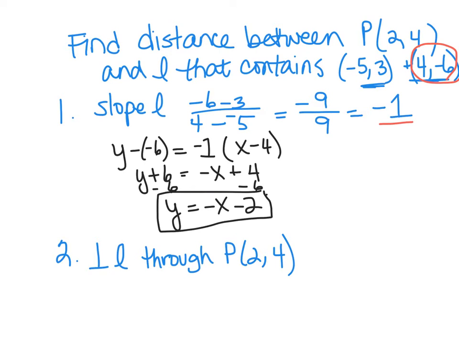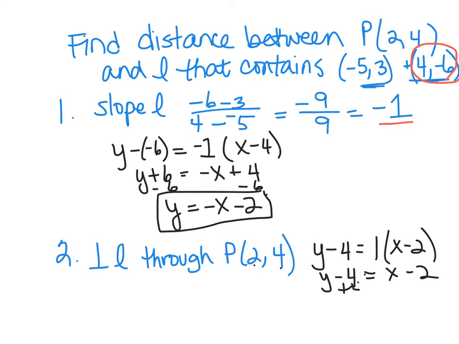So the opposite is going to be positive 1. And then flipping it over, it's still going to be 1. Okay, so we're going to write y minus 4 equals positive 1 times x minus 2. That gives us y minus 4 equals x minus 2.